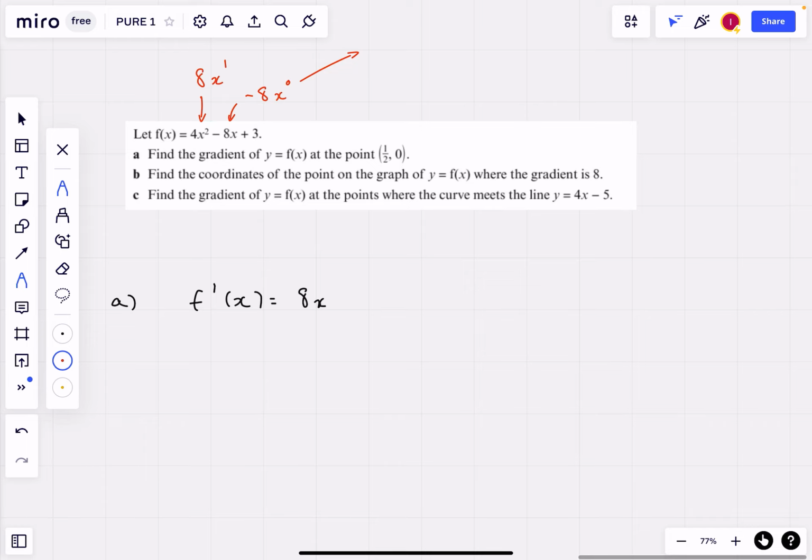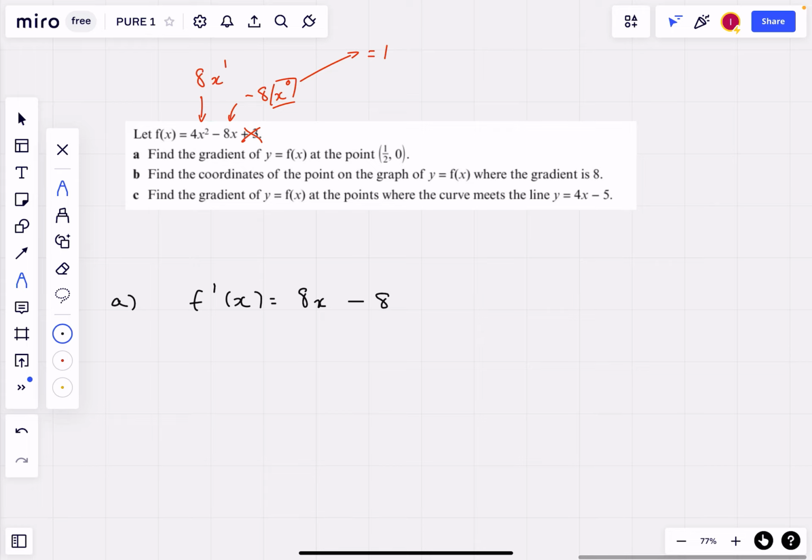Anything to the power of 0 equals 1. So we're left with just minus 8. And then the 3, you can't differentiate. There's no letter. So it just becomes 0. So when you differentiate, you get 8x minus 8.